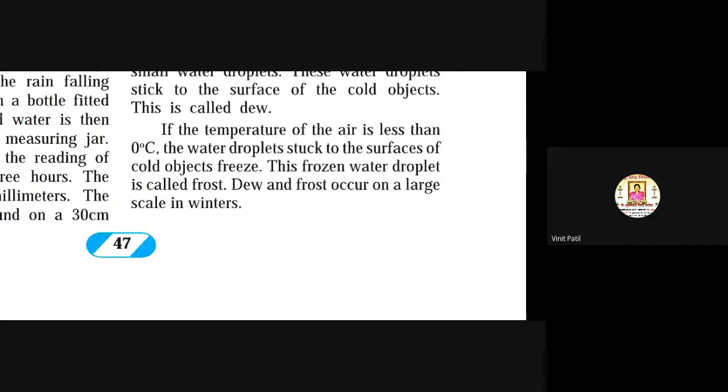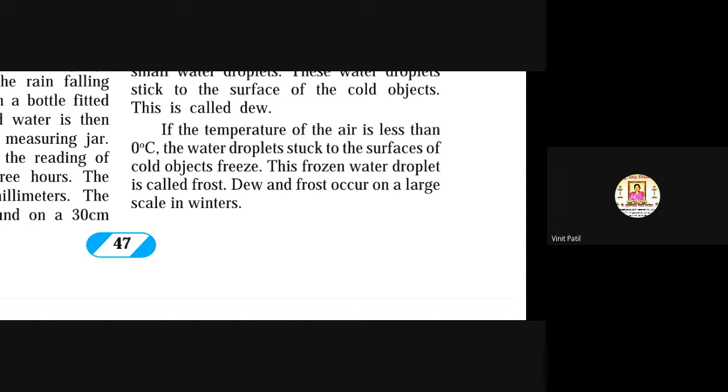Okay, so guys, now next is, if the temperature of the air is less than 0 degrees Celsius, the water droplets stuck to the surface of cold objects get freeze. Okay, so guys, we have seen how dew is formed.